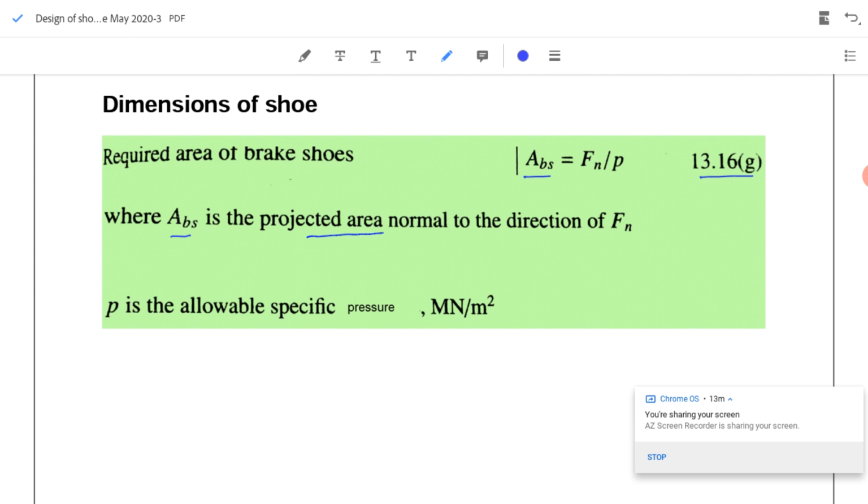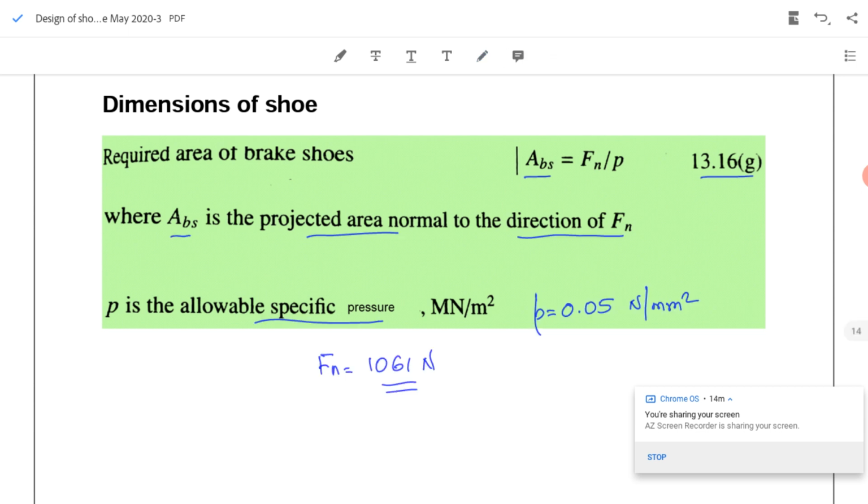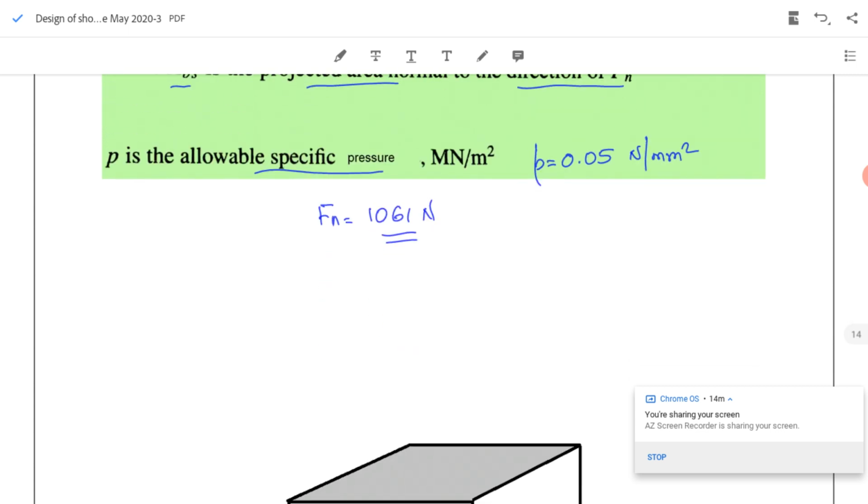It is the projected area normal to the direction of Fn, and p is the allowable specific pressure, mega Newton per meter square. In our question, p is given as 0.05 Newton per millimeter square. So pressure is known. Fn is also known. Fn equal to 1061 Newton. So I can find the projected area of the brake shoe.